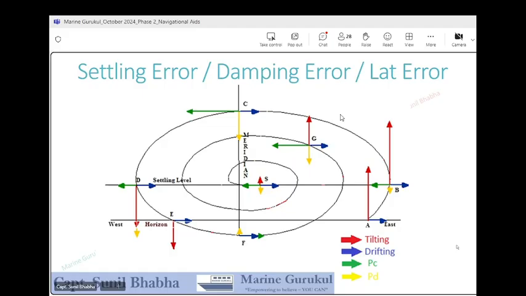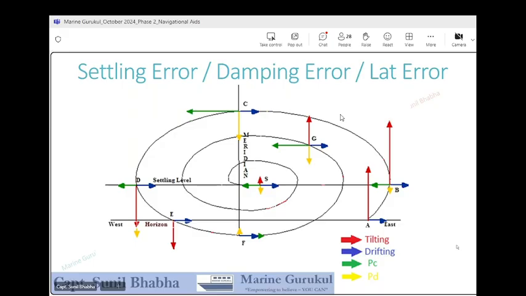Now the diagram which we see is the same spiral motion of the damped gyro which we have seen and understood under the damping of the gyro compass. This is for an observer in the northern hemisphere.